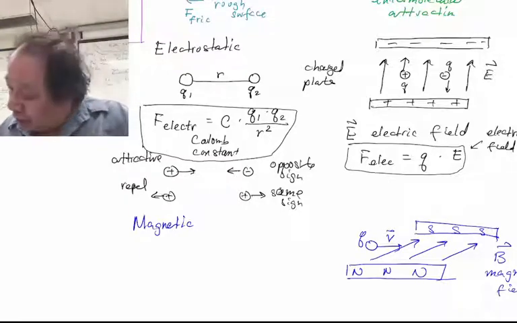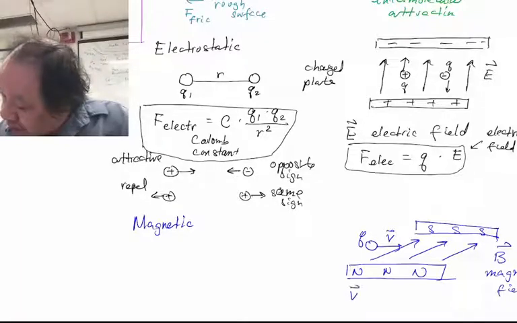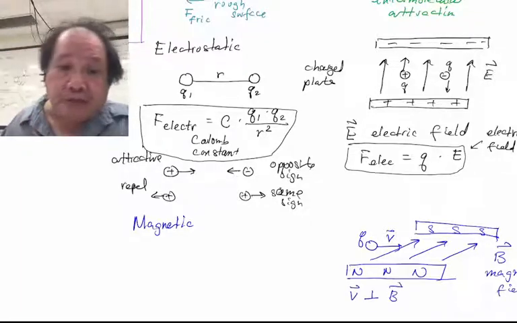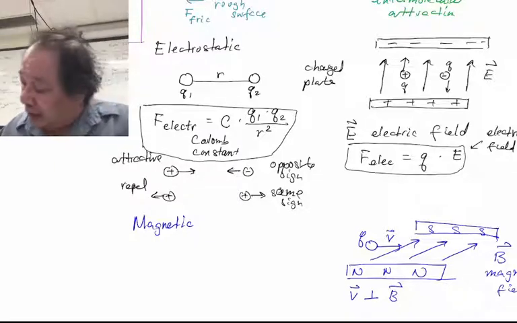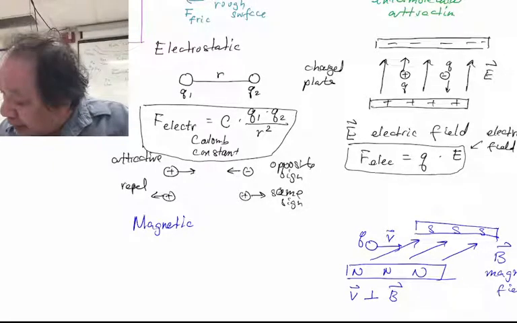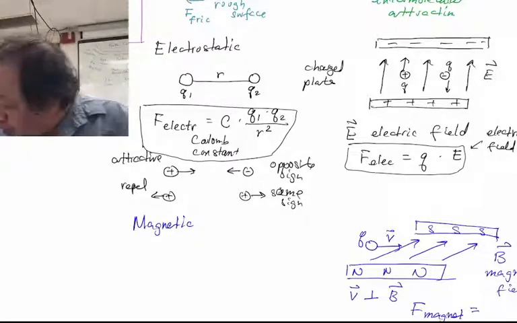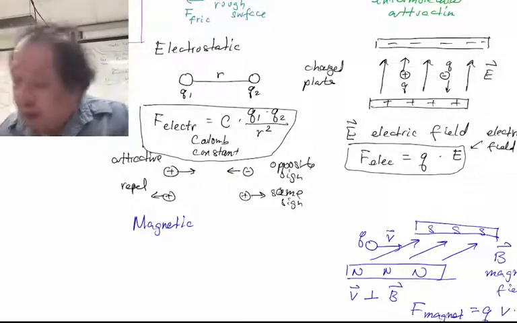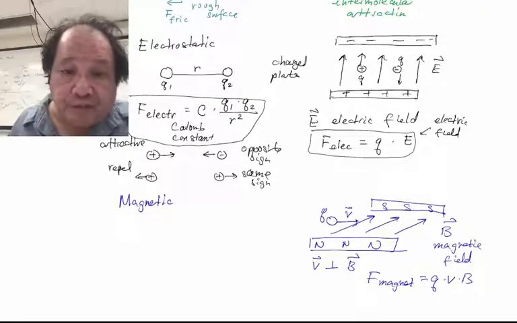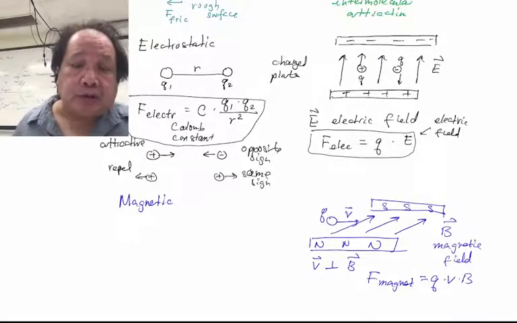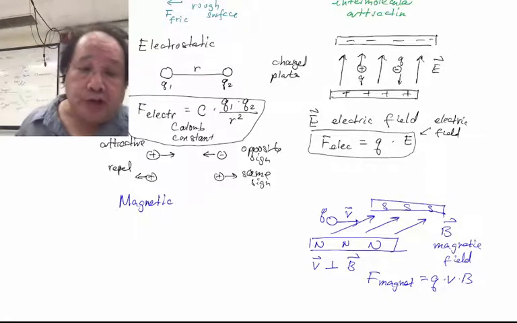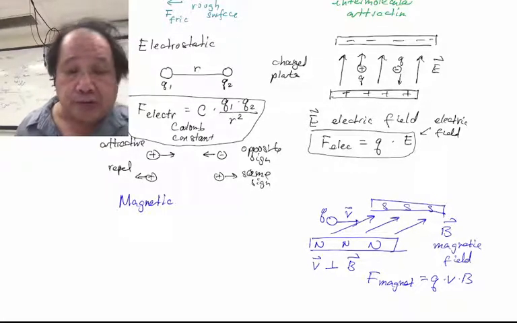If the velocity is perpendicular to the magnetic field, then the magnetic force is equal to Q, the charge of the particle, times V times B.